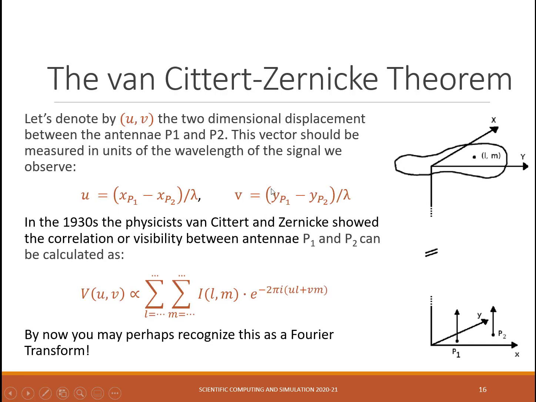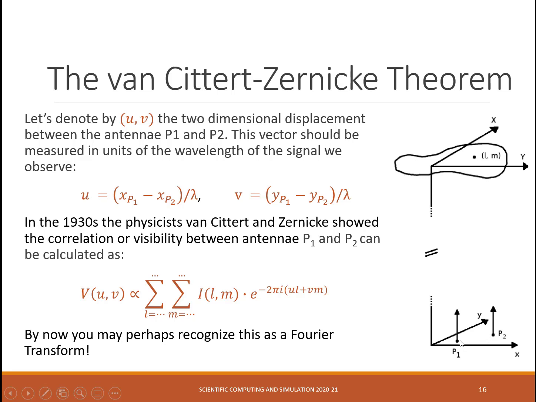Now it's time to introduce the Van Cittert-Zernike theorem. This theorem defines the relation between antenna visibilities and the sky intensity of an object in the sky. Suppose u and v are respectively the x distance and the y distance between the two antennas P1 and P2 in units of wavelengths.